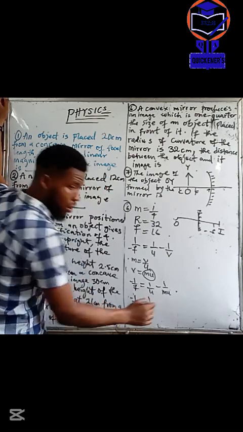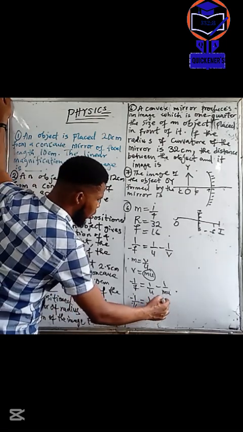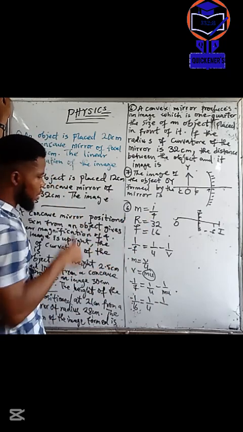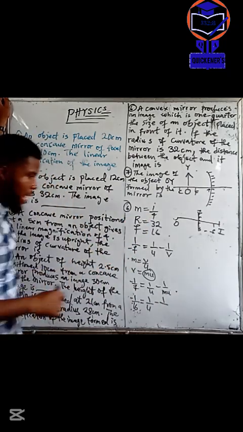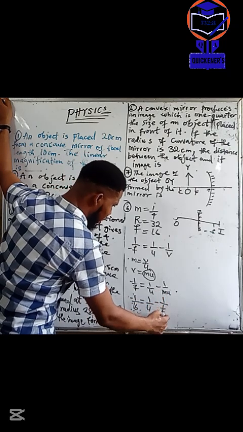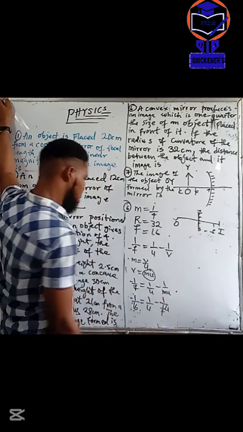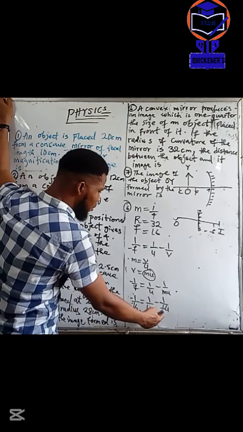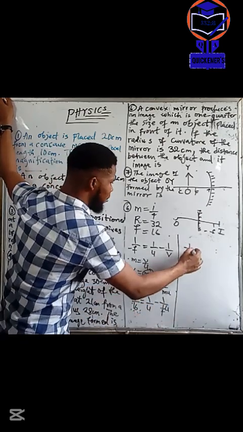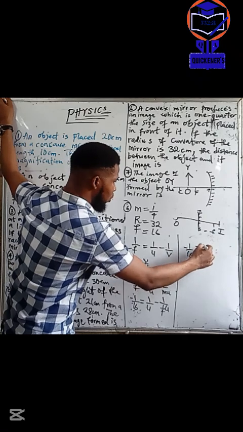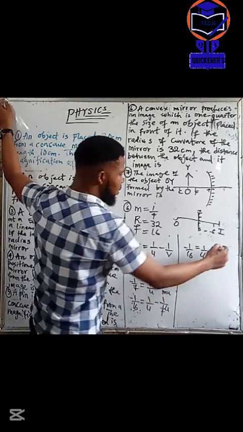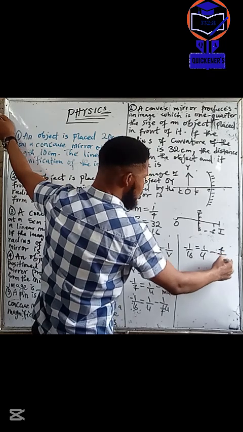We don't have u actually. Alright? So minus 1 over 16, our magnification is, what do you call it? 1/4. Alright? Or quarter. So that is 1 over 4 u. You can simplify this, 1 over 4 u, when you simplify it, that will give you 4 over u.